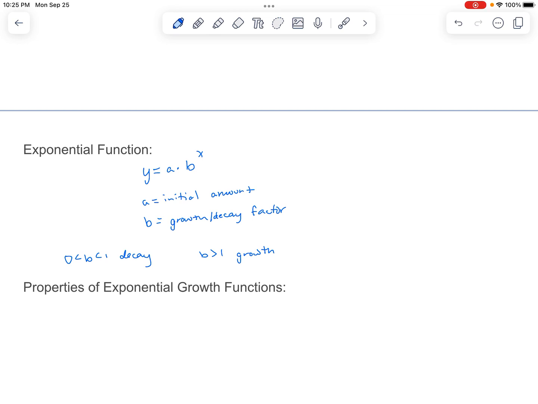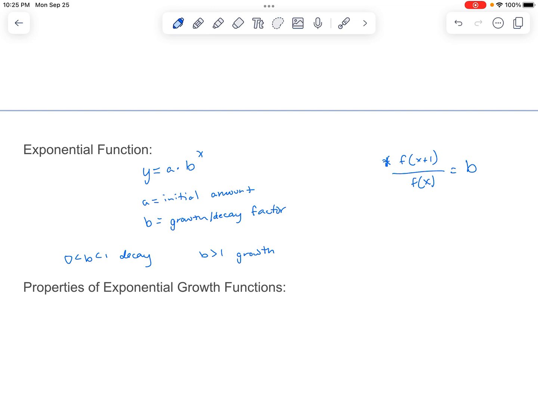Remember that with an exponential function, you're going to do a ratio. So the previous term divided by the current term is going to give you that ratio. So f of x plus 1 over f of x is going to equal your growth or your decay factor.